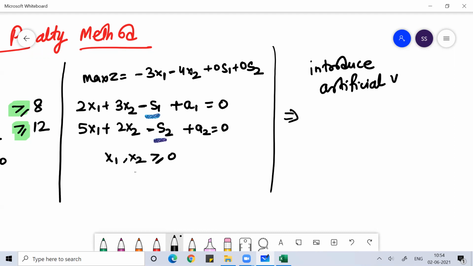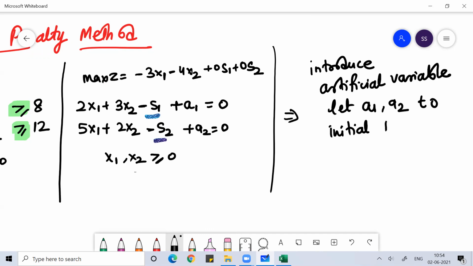We introduce this artificial variable, let's say A1 and A2, to initiate the iteration table calculation.